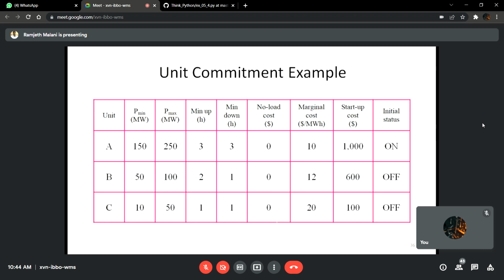We are going to find out the unit commitment schedule for these units. You please note down the problem.